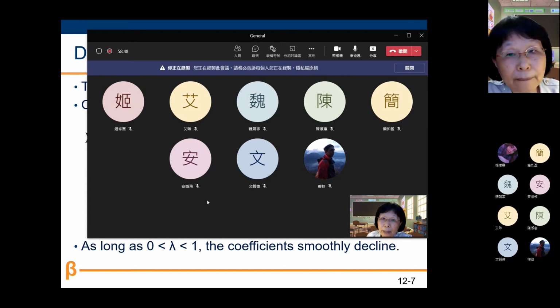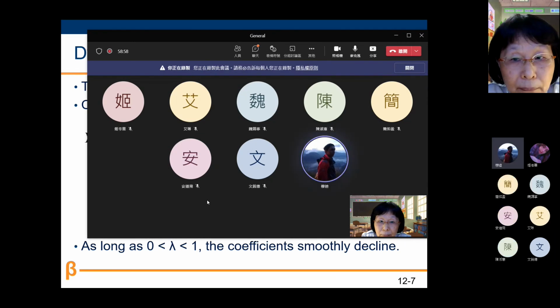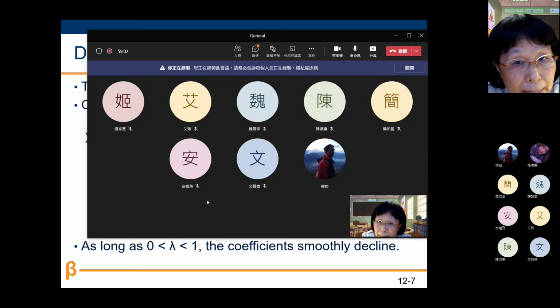All right, how about Moody? Yes, Prof. Have you all learned this time series data, time series model in other classes?